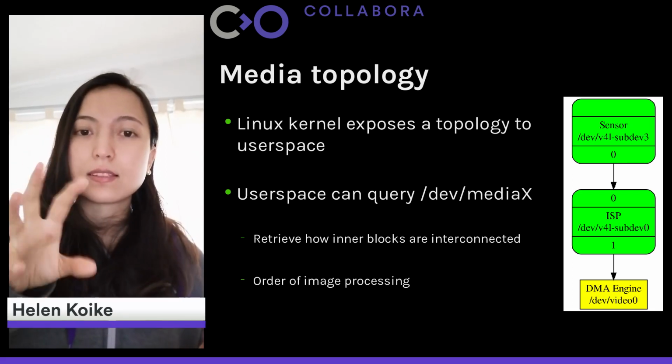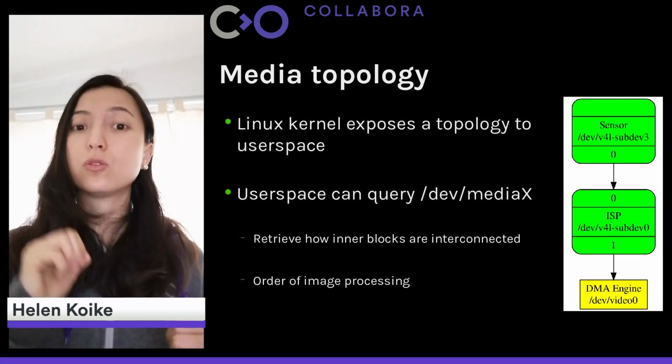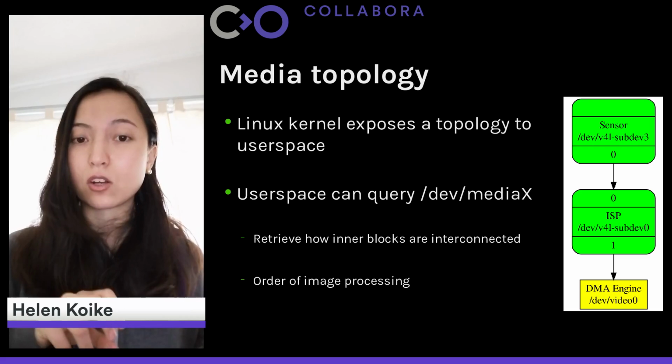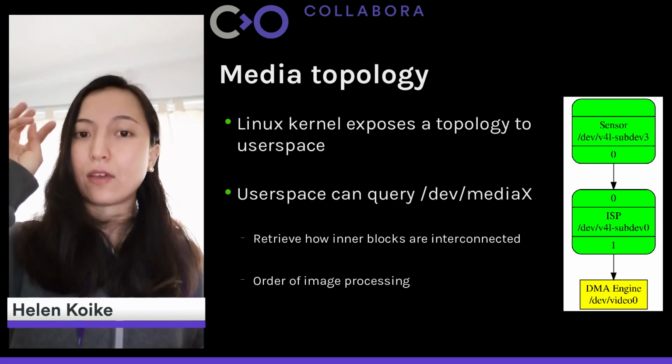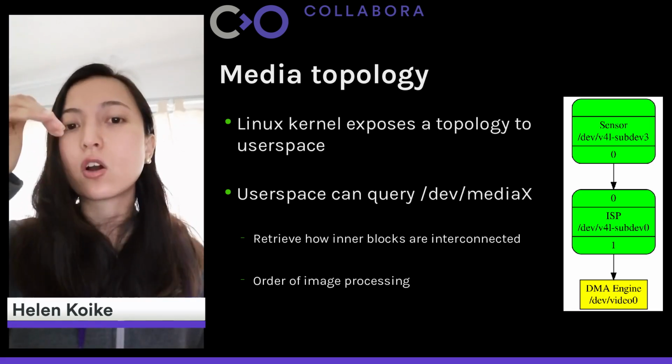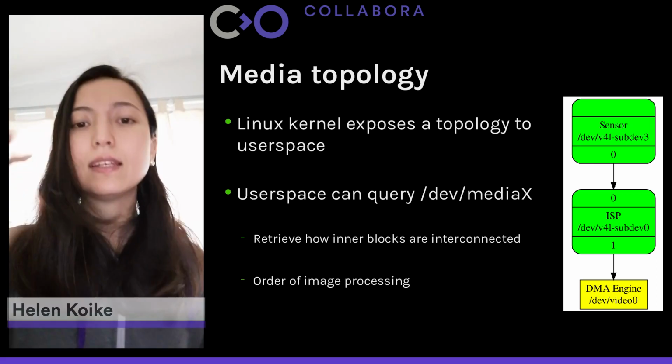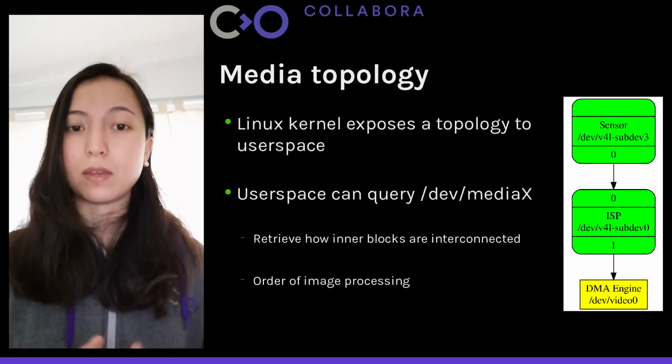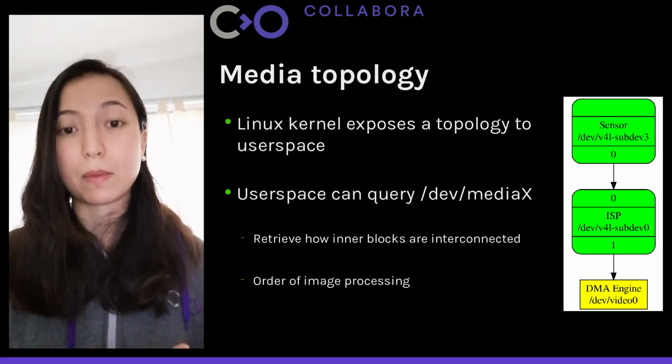For instance, in this image, user space can know how those blocks are connected. It can know that we have a sensor that is directly connected to the ISP that is connected to some DMA engine where the image reaches memory.